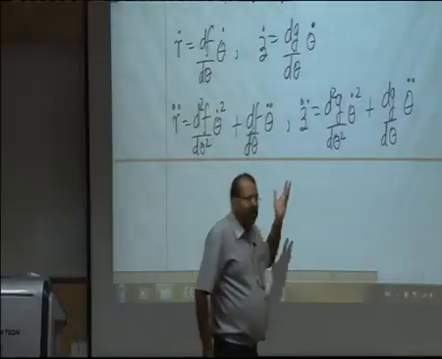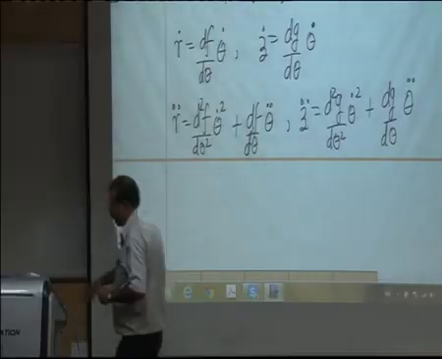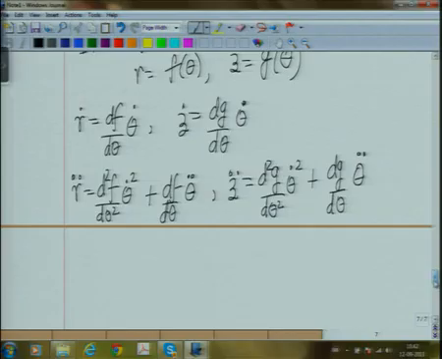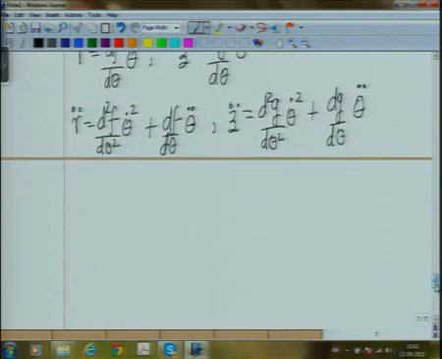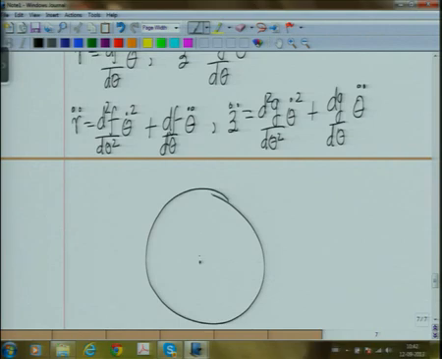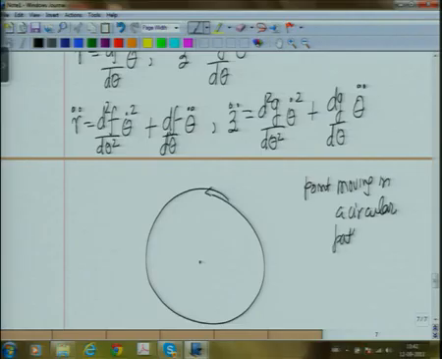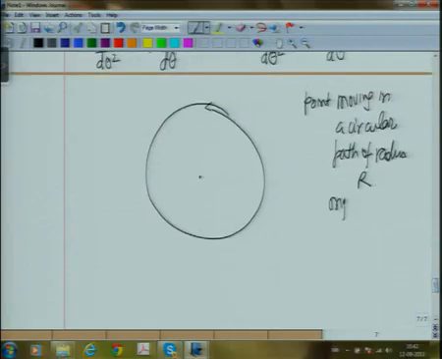Now before I move to the type of problems, let me just specify. Suppose a point is moving in a circular path of radius r, and the origin is at the center.